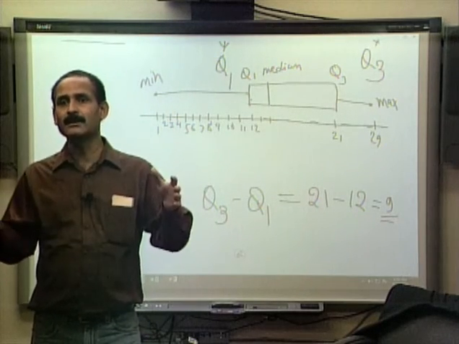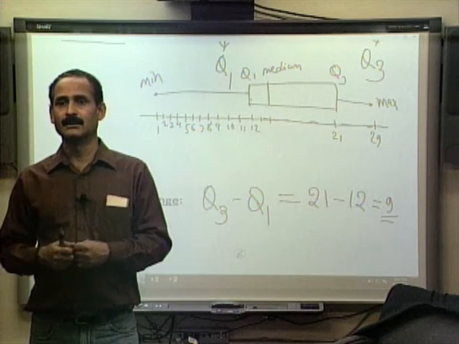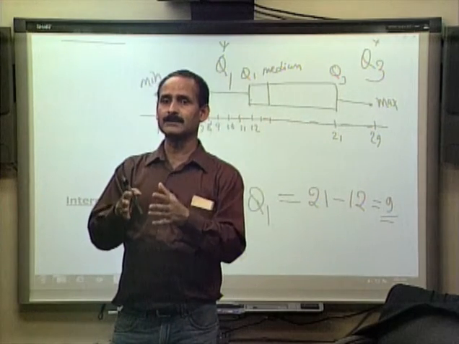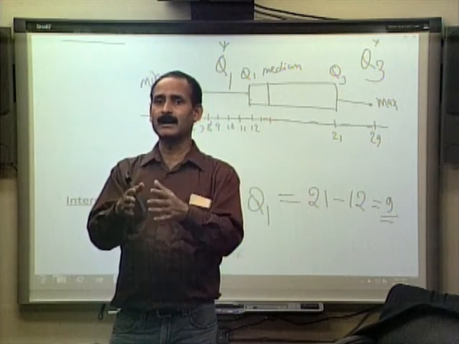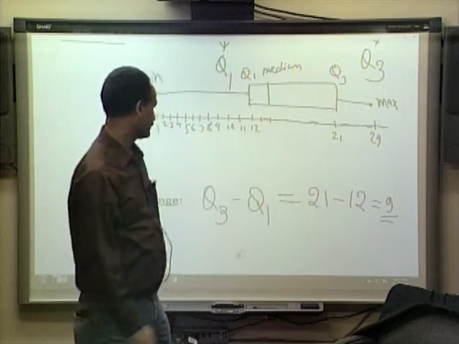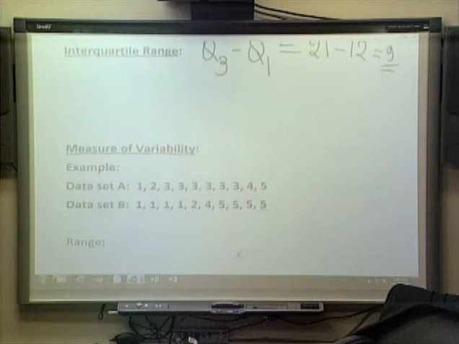The larger the interquartile range, the more variable and spread out the data is. The smaller the interquartile range, the smaller the variability of that data. That means they will be clustered together. Okay, so that is the interquartile range.